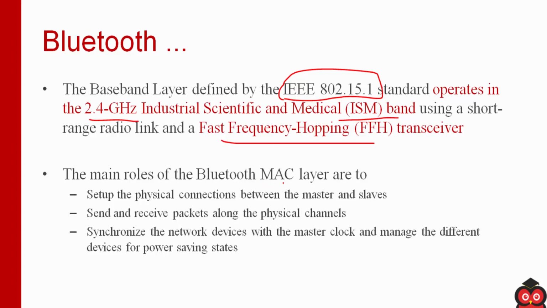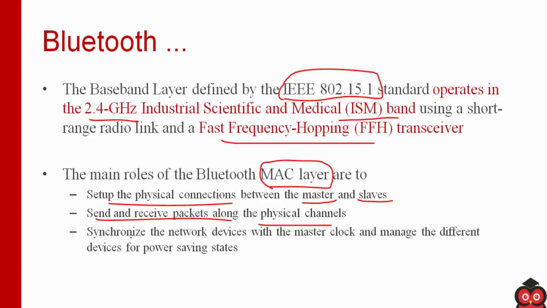Now coming to the MAC layer, you can see the responsibilities of the MAC layer: establishing the physical connections between the master nodes and slave nodes, and sending and receiving packets along those channels. First it is establishing the connection, and after that it is sending and receiving packets from or to another device.